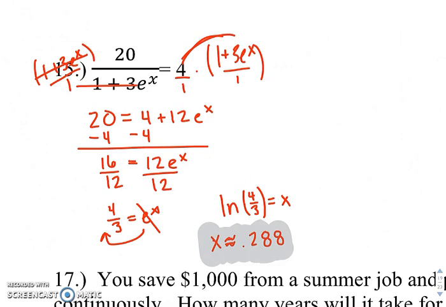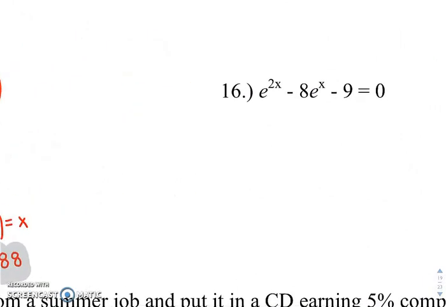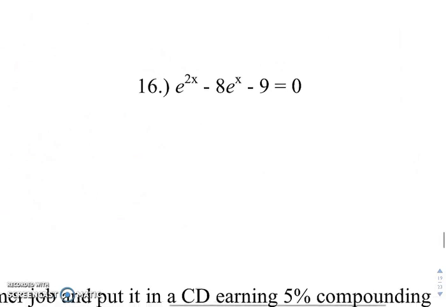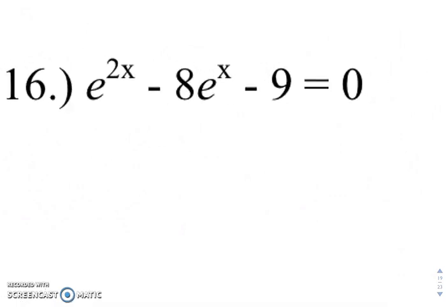So let's go over and look at 16. e to the 2x minus 8e to the x. So if we tried factoring this, remembering our exponent properties, x times x gives us x squared. But when you multiply things with a power, if it's a power x times a power x, then you would have 2x.